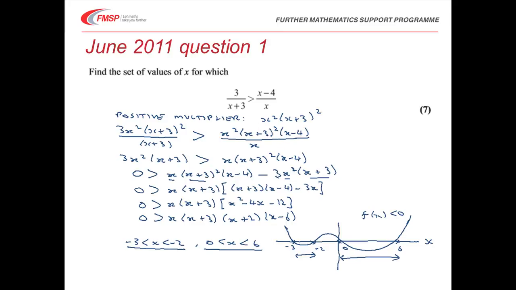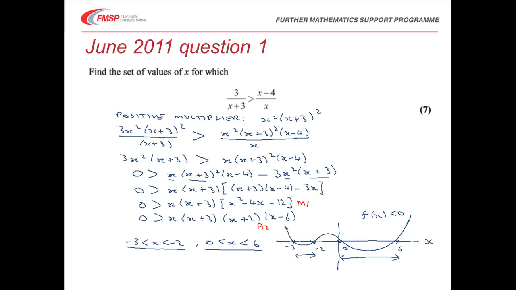The mark scheme for this question has a method mark for identifying that quadratic. There's also an accuracy mark for getting the critical values at -2 and 6.